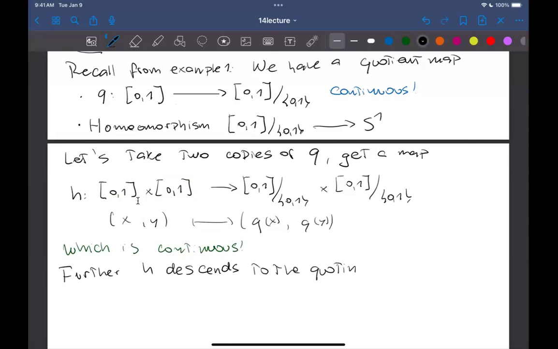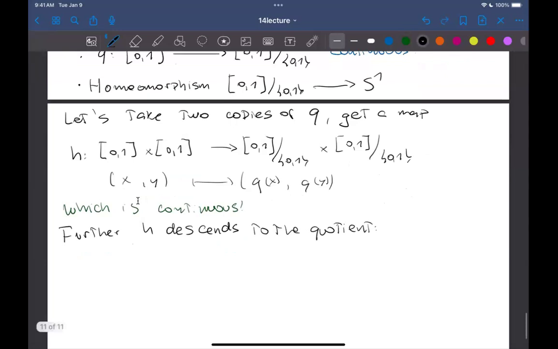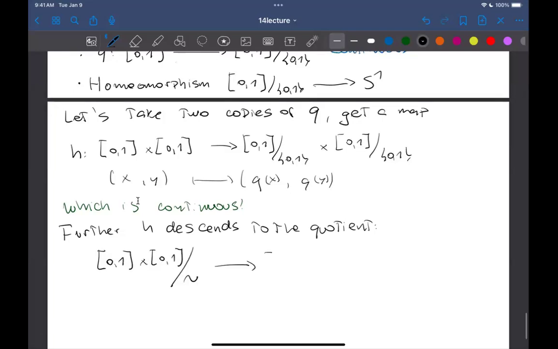And why is that the case? The quotient is [0, 1] cross [0, 1], quotiented out by our relation on the square, and it's going to give us a map landing here.